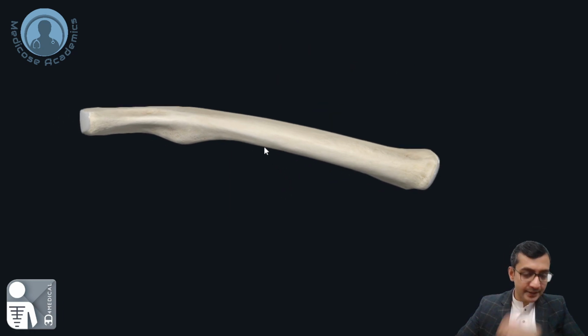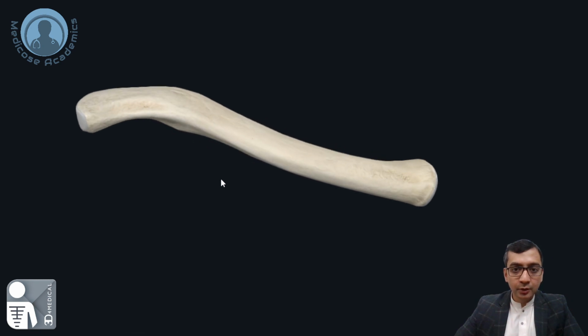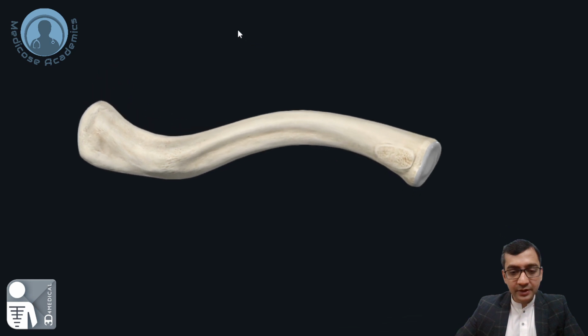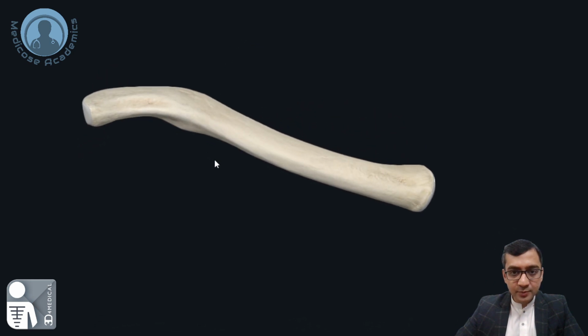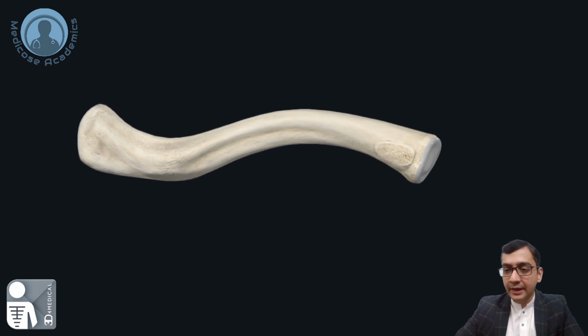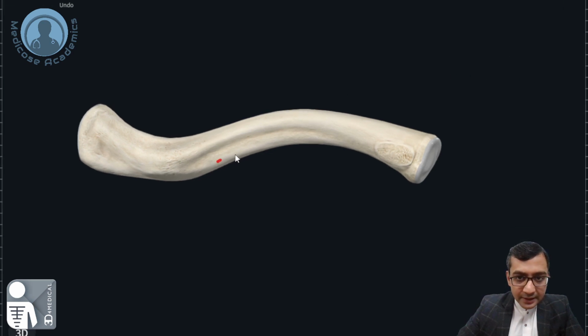To figure out which side is superior and which side is inferior, look at both the surfaces. This is the superior surface and this is the inferior surface. Notice anything different between the two? The inferior surface has this groove. This is called the subclavian groove.